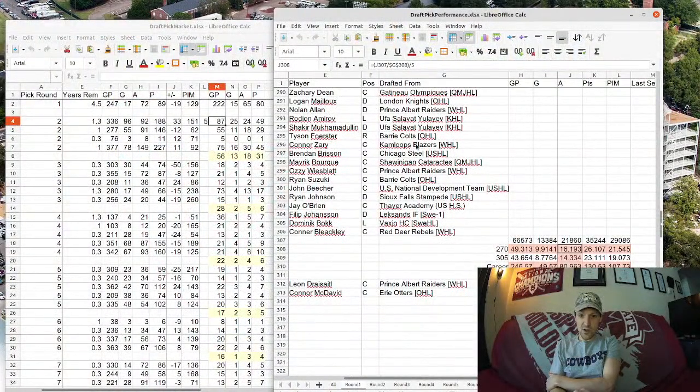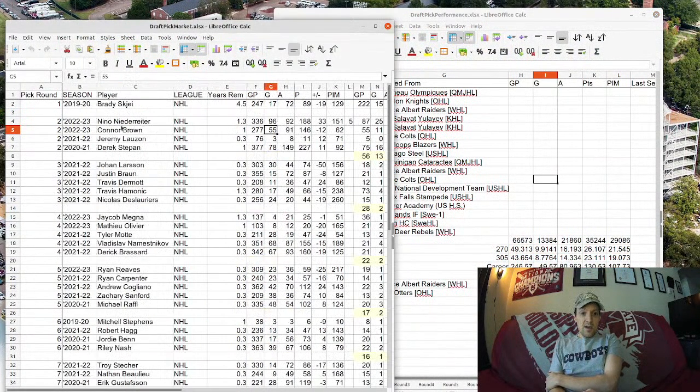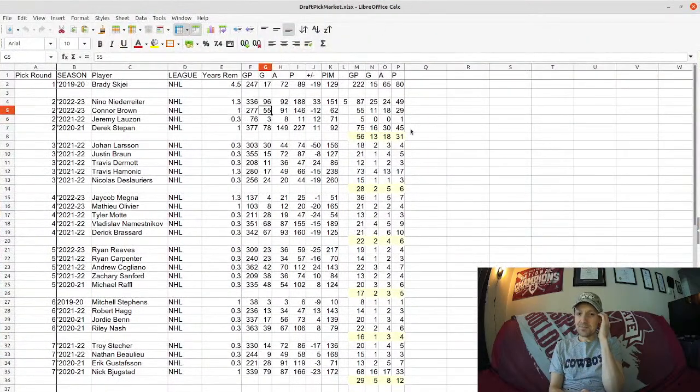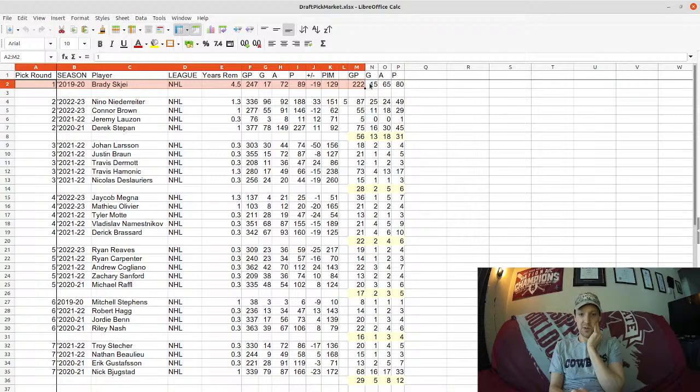One sec to share your screen again. So considering what teams get for their draft picks, for example, we'll start with the first round pick.